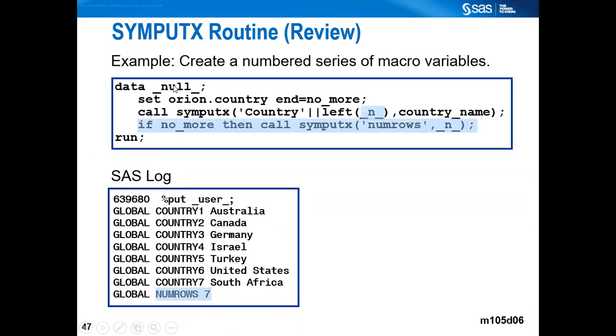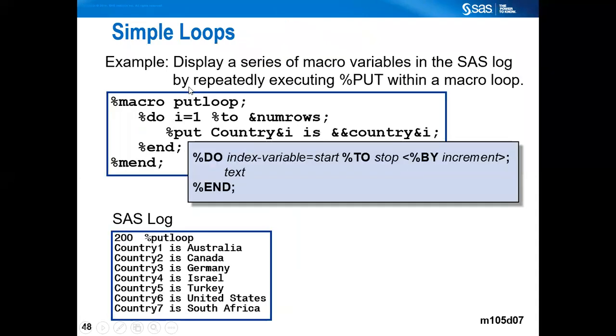So earlier we were doing the same with the data step. We wrote %put _user_, and you were checking the list of your macro variables. Instead of writing this %put every time, you can write this macro and simply call it. So within this macro, it's writing a loop that it will process this statement for %put 7 times.